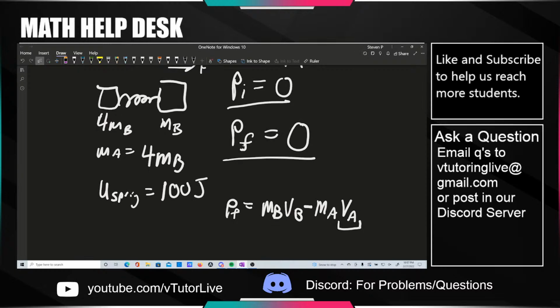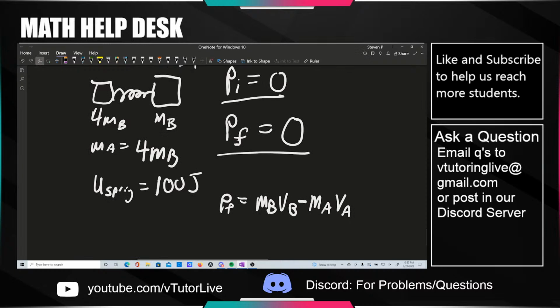Sometimes I'm all over the place with this, and you always just gotta sanity check yourself on what the signs ought to look like. But this is basically saying that this is 0, right? So mass B VB is equal to MA VA.